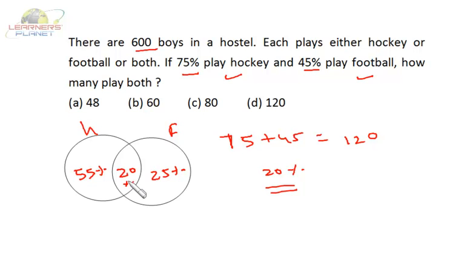That means 120 players are playing both the games, which we got in the very first step. But for the sake of clarity and the types of questions that can be asked, I have given all the concepts here. So I hope you are clear with the concepts. Let's take the next one.